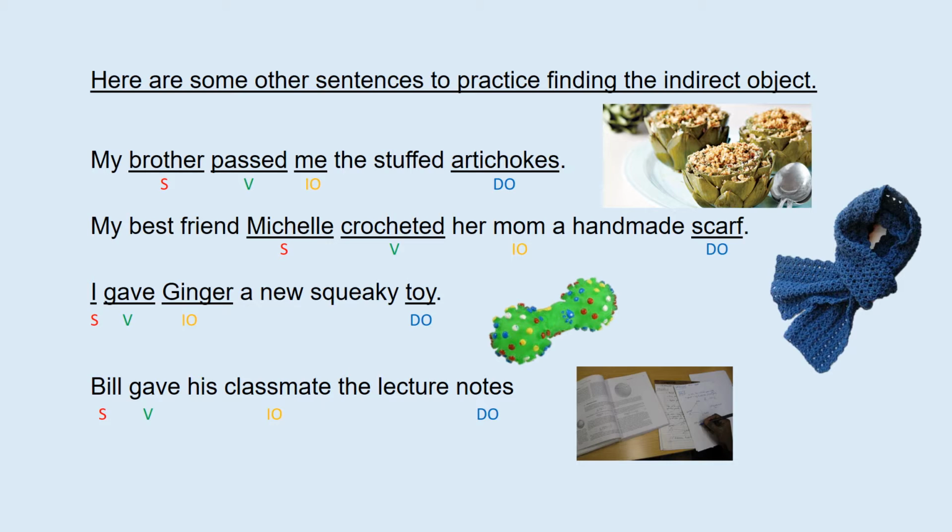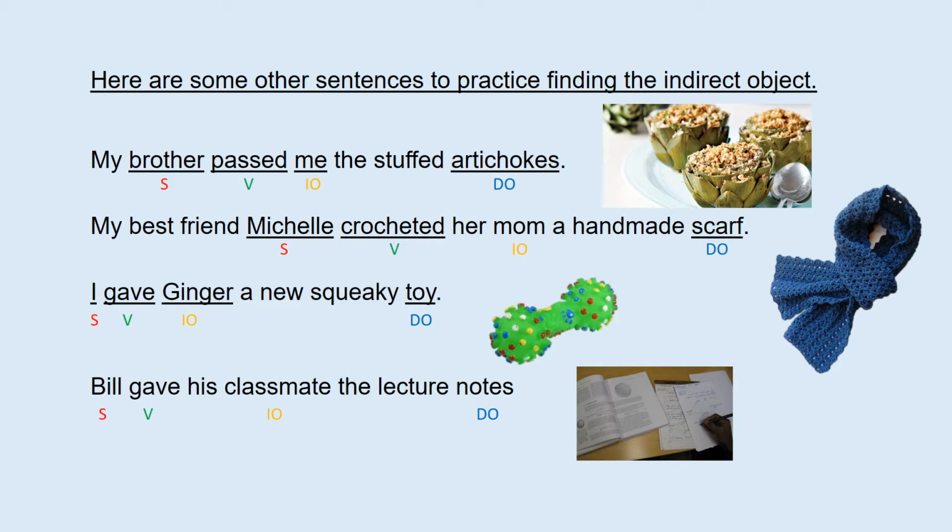Therefore, the nouns that come after the verb would be Ginger and toy. Well, I'm not giving Ginger to anyone. So let's take a look at the next noun, toy. I gave a toy. I can give a toy.